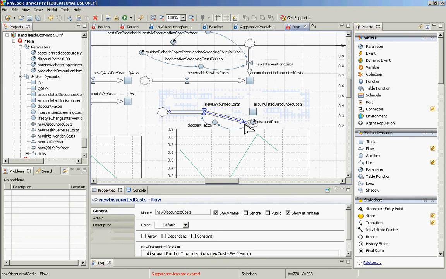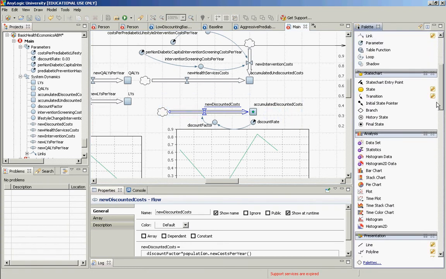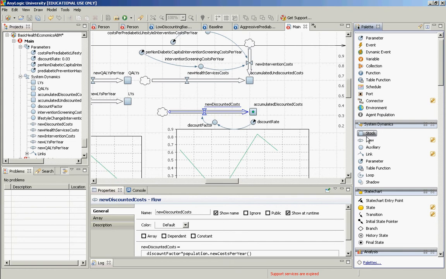Okay, so I will now adjust this flow, go in there, and we're going to create a flow into this discounted cost area that's associated with intervention costs.